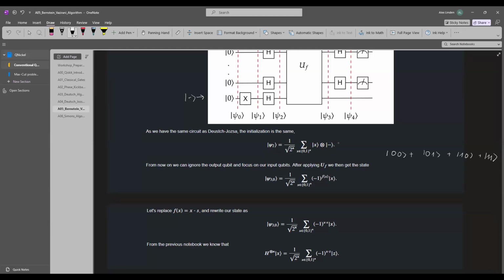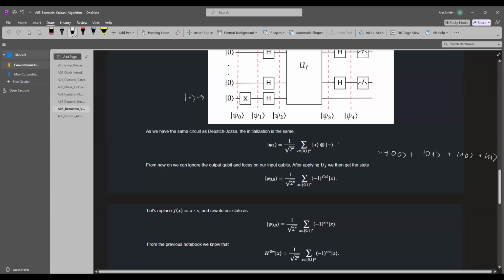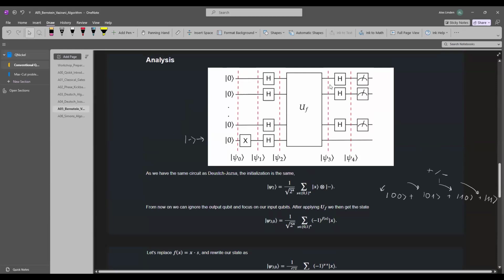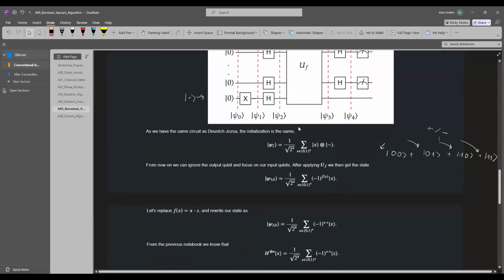And here we can have plus or minus. Here, here, here, here. We can just have plus or minus. That's where this comes from. So we already applied all this.